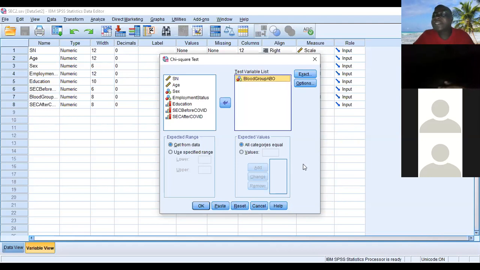If all categories are equal, you just assume that those four groups, you expect it to be 25% each, right? Before we came here, did you write down the expected count? I know that it is 63.